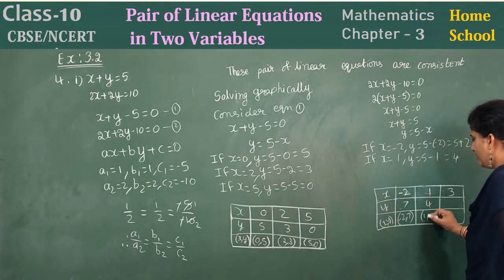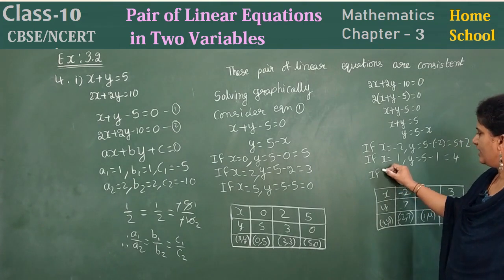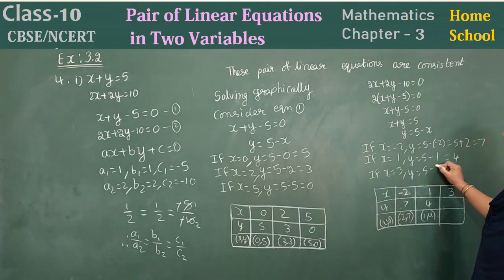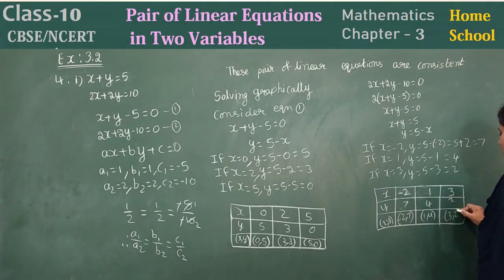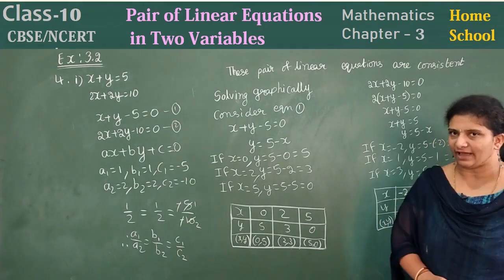Coordinate will be 1, 4. Then another value. If x is equal to 3, y is equal to 5 minus 3, that is 2. Coordinate is 3, 2. Okay, let's plot these 2 tables on the graph.